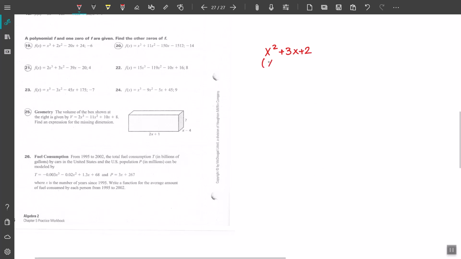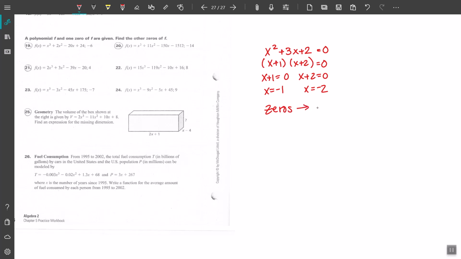You would factor that into x plus 1 times x plus 2, and assuming that I had told you that equals 0, that's important. Okay, you knew that whole thing equaled 0. Then you could set each of these binomials equal to 0, and you would solve for the zeros of the function. And you know the zeros of the function just mean where the function crosses the x-axis. So zeros of the function mean the x-intercepts.